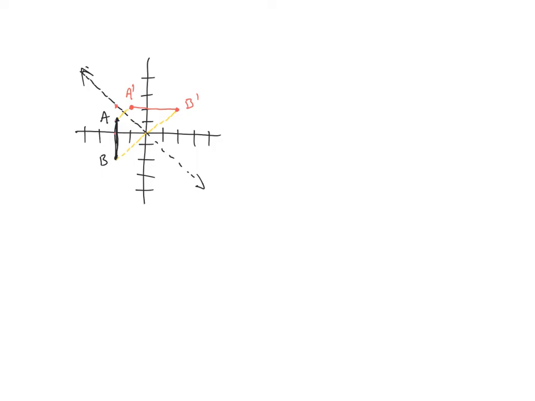Okay, so then one last thing is what's called a glide reflection. And this just means we're going to do a translation and a reflection.